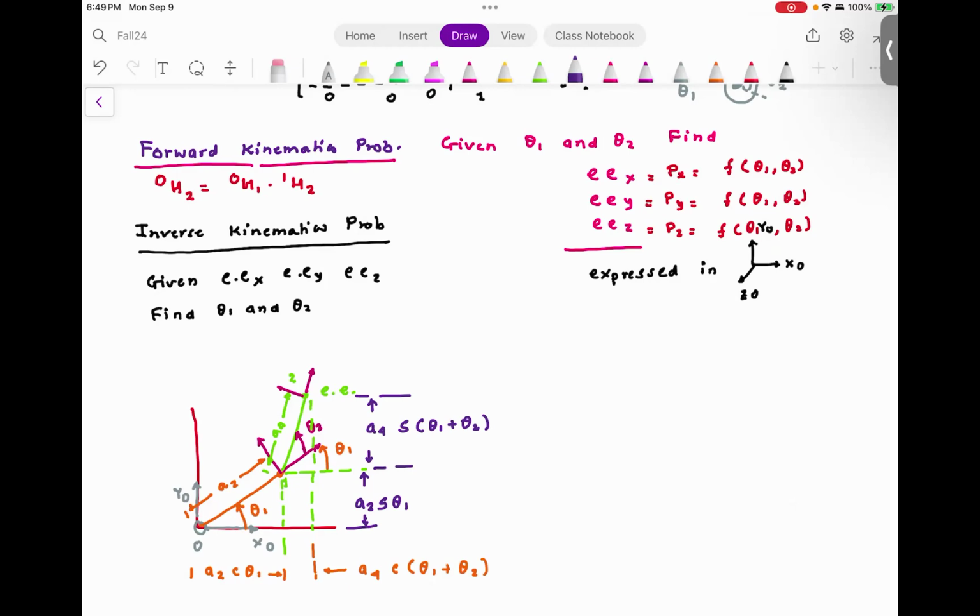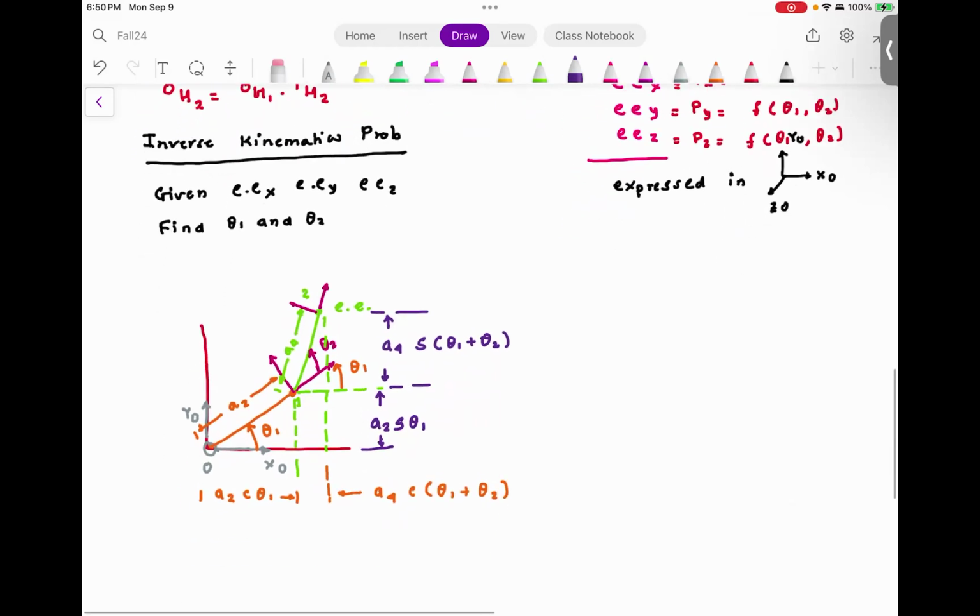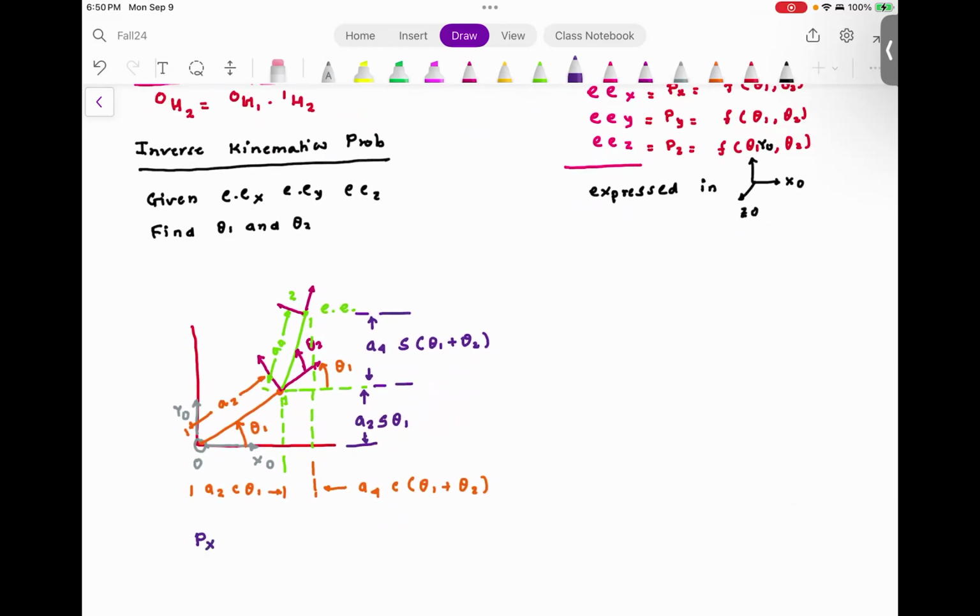Now, the only thing I want to check is when I do the forward kinematics problem inside MATLAB, do I get the meaningful equations as shown over here? So without doing any calculation, I can write down my Px, which is the position of the end effector in x, is A2 cosine theta 1 plus A4 cosine theta 1 plus theta 2.